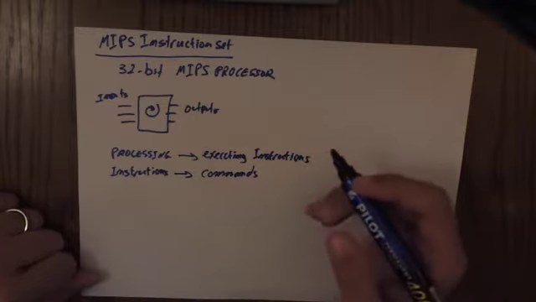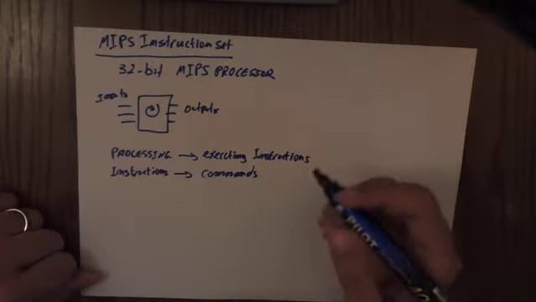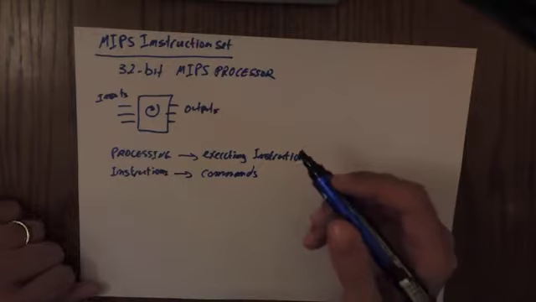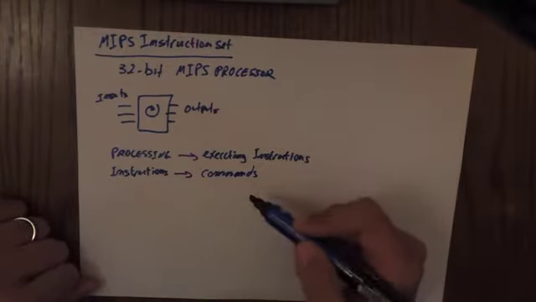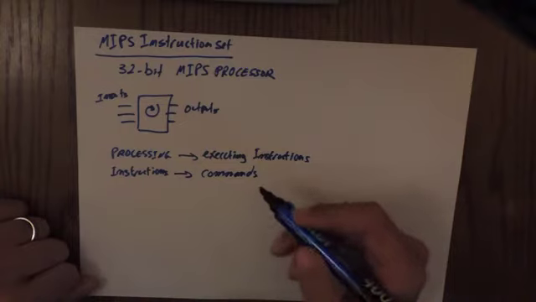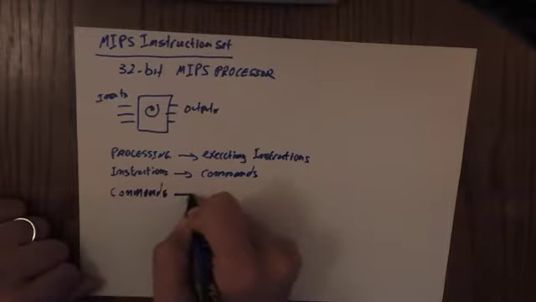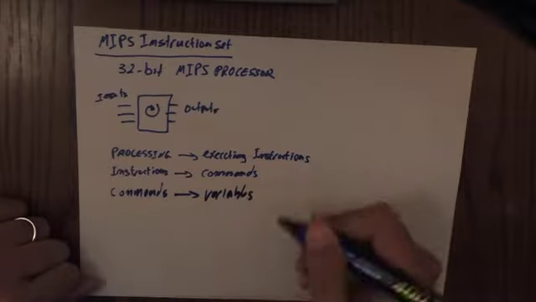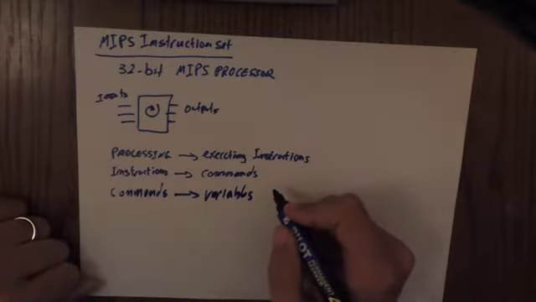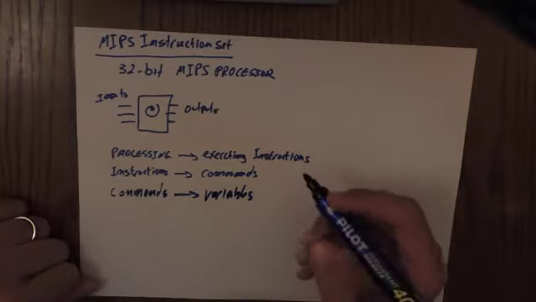As we know, the underlying processes of any processor usually deal with arithmetic and logical operations, and here is where the commands help us do this. And commands, or instructions in this case, need variables. So our variables should be placed inside the processor in a component.